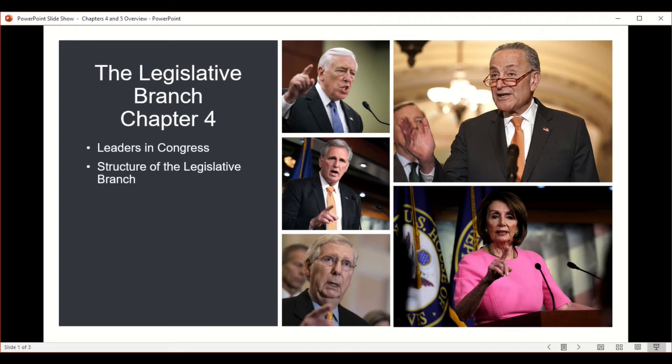Right now we have a 50-50 division in the Senate. This is when I go over the leadership as well as the breakdown of the House of Representatives and the Senate. You'll begin to see how that plays out.